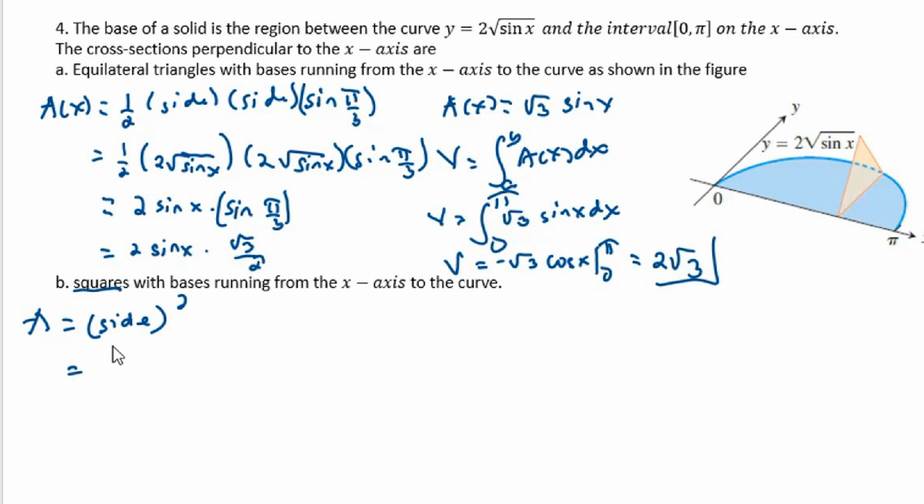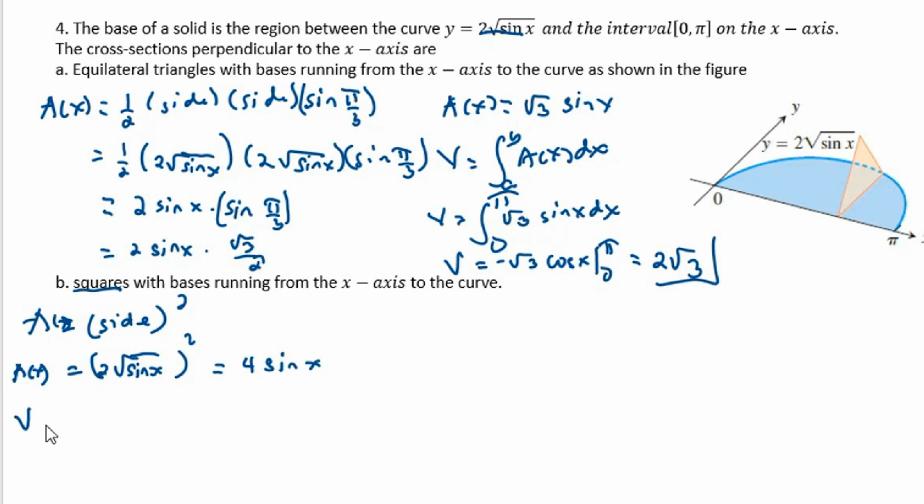By substitution, the side is 2 square root of sine x, and this will be squared. Squaring this gives 4 sine x.